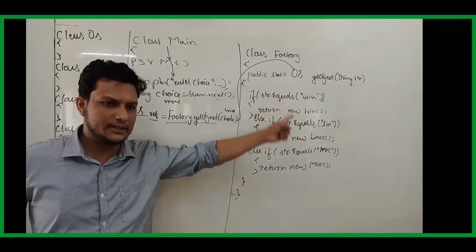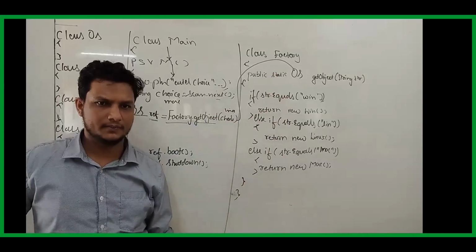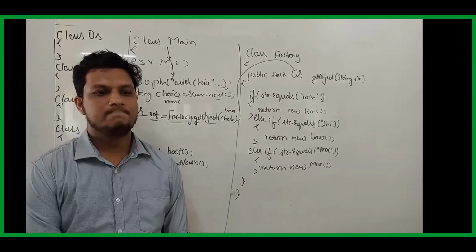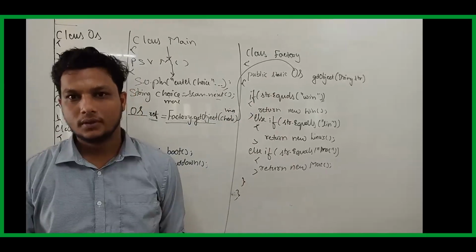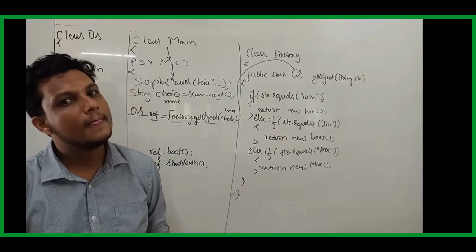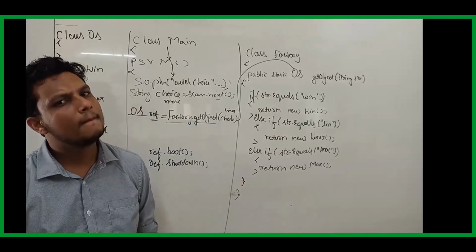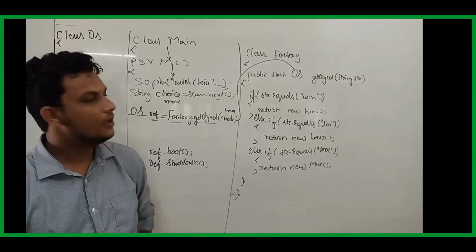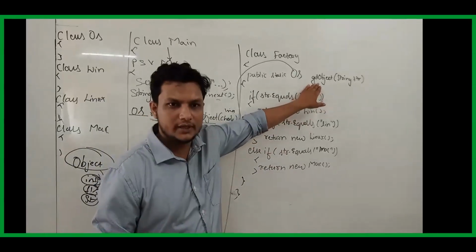Good, your answer is there. Sir, because we are not returning anything outside the get method. What? getObject is a method.